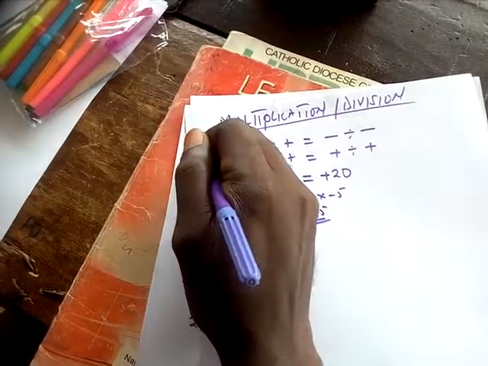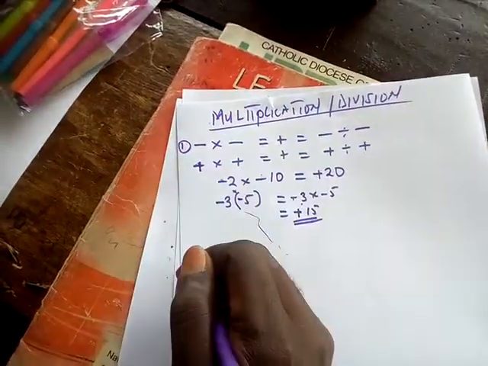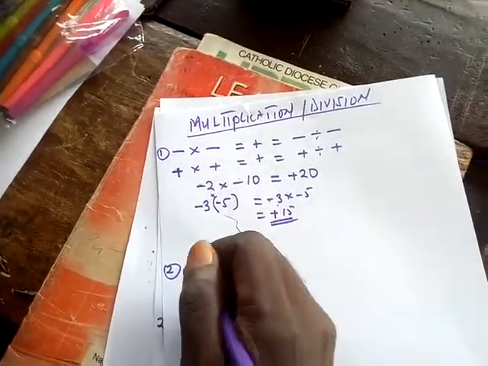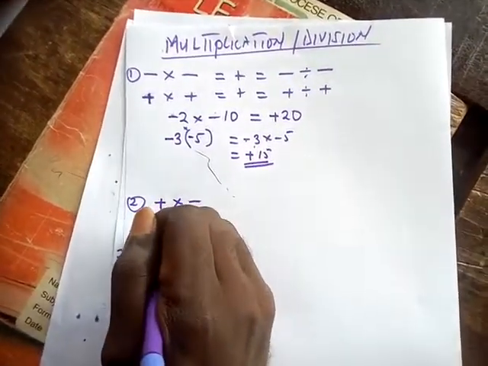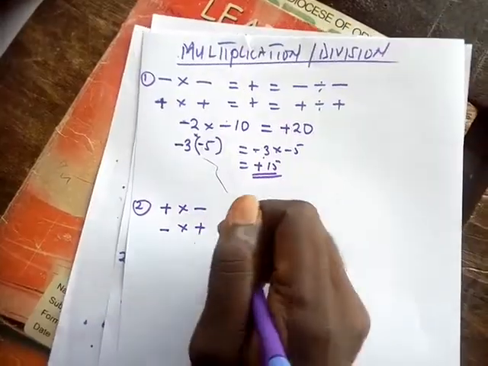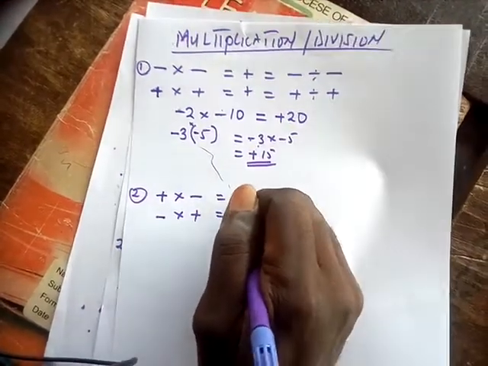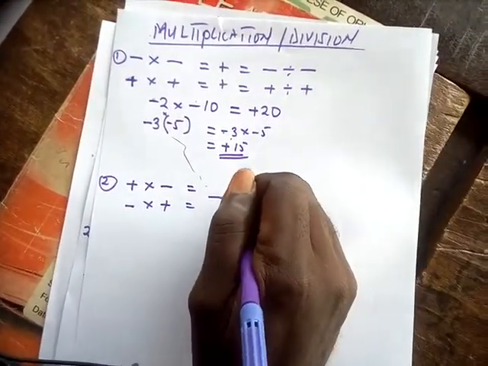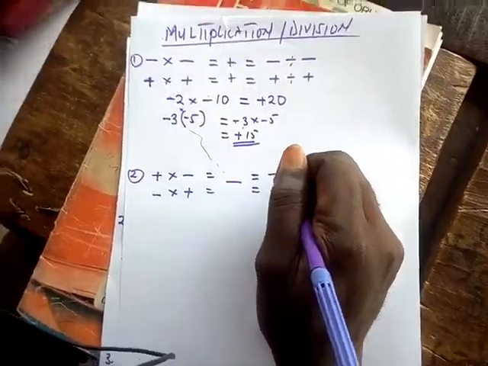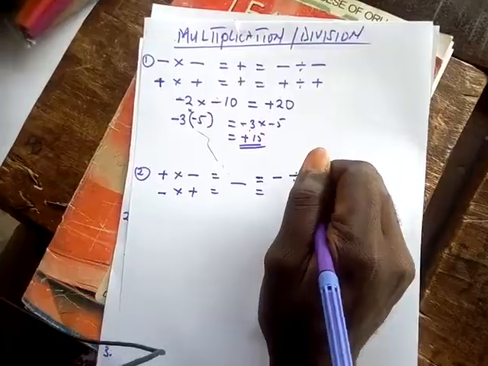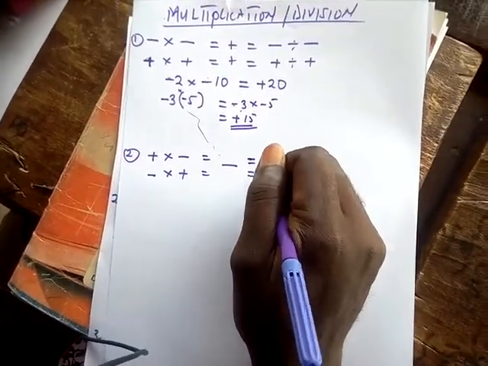The second rule I will tell you is this. When different signs multiply each other, the result is always negative. When they multiply or divide each other, the result is always negative.